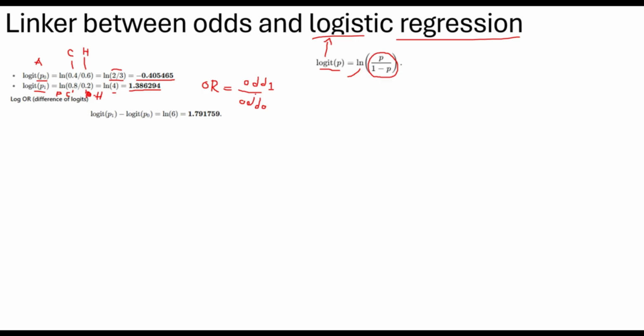This is the ratio of biomarker. Here we put odds 1, which is 4, and then 2 divided by 3. By solving this, we get 6. And when you take the natural logarithm of 6, you arrive at this score.